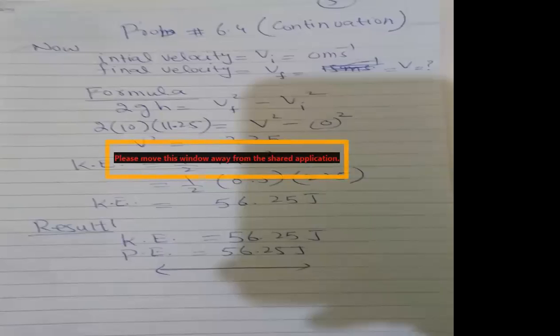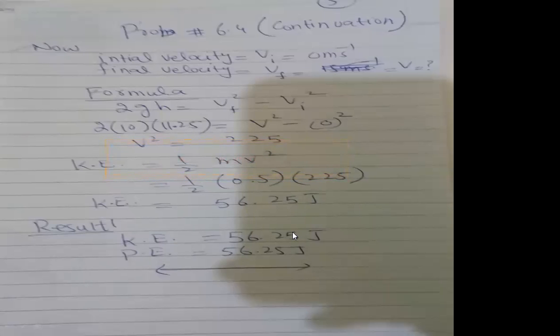When we throw the ball up, the kinetic energy converts into potential energy, and when the ball is coming down, all the potential energy is converted into kinetic energy. That's why potential energy and kinetic energy have the same value, 56.25 joule.